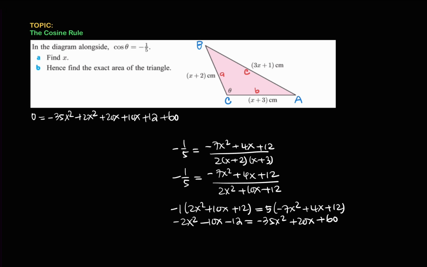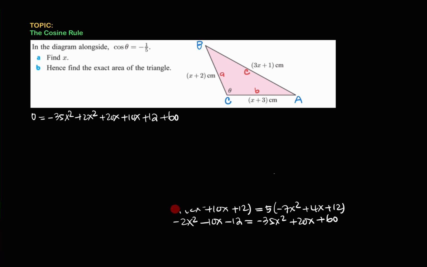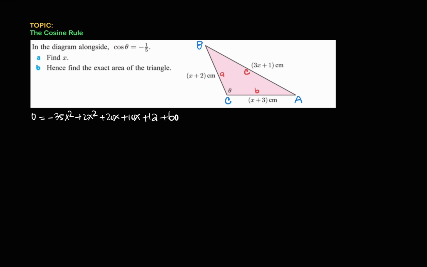Now we can erase the whole thing after we completely write down all the terms and solve this. So 0 equals -33x squared plus 30x plus 72. Now this can be divided by 3: 0 equals -11x squared plus 10x plus 24.